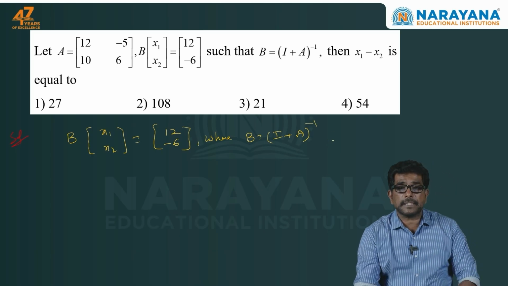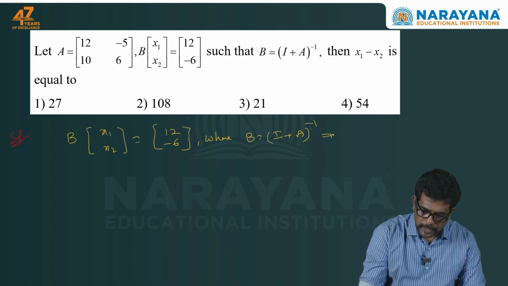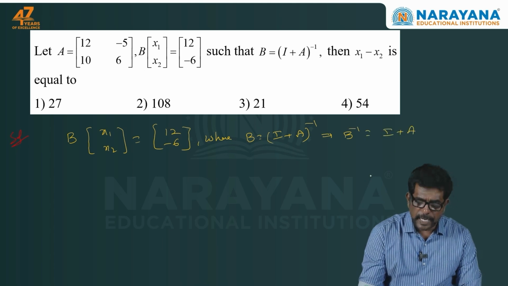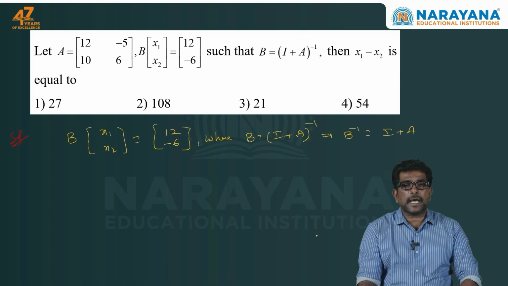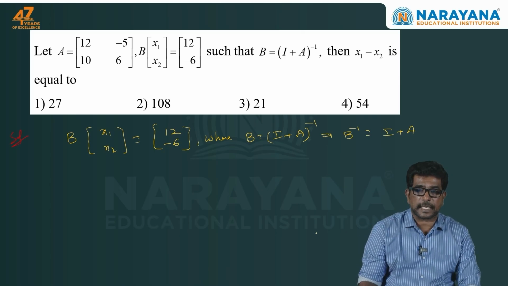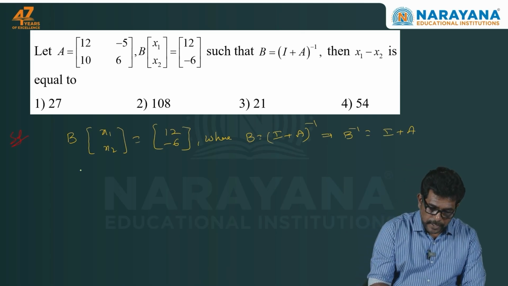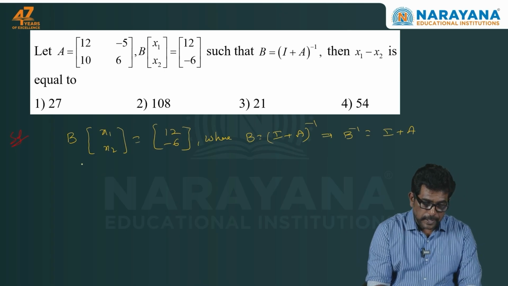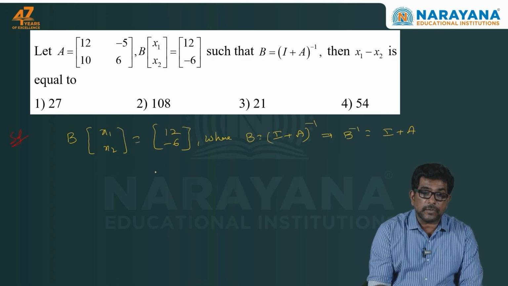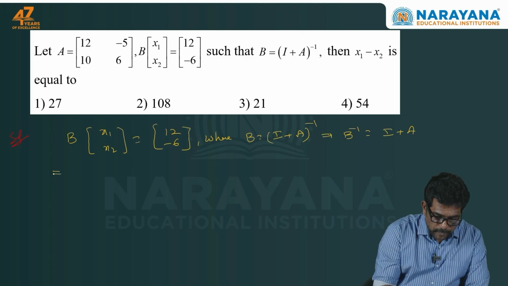That means B is invertible matrix. Now from this, B inverse is equal to I plus A, whereas A is given and I is a second order unit matrix. So here B into x1, x2 is equal to 12 minus 6.